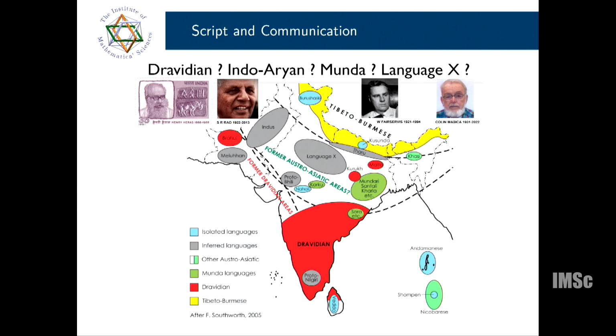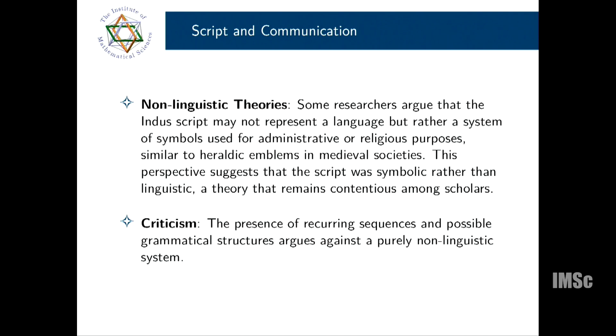So there are a lot of different theories. Okay, fine, I'll try to go quickly. There are also non-linguistic theories. As I already said, you can counter the non-linguistic theory with statistical properties.